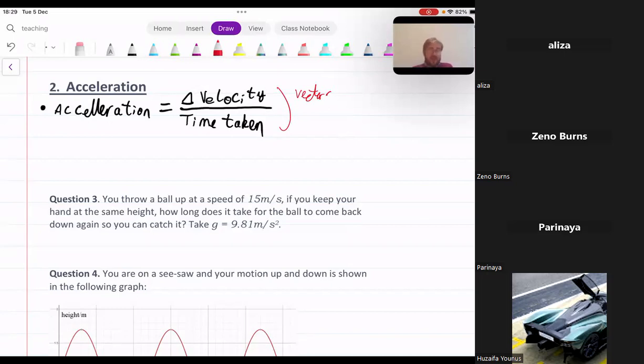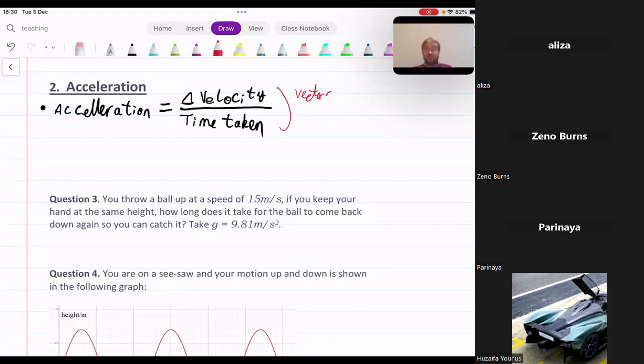So let's say I'm going 50 miles an hour north in the car, and I slow down to 20 miles an hour in the north direction. Because I've slowed down, the change in velocity is negative, so acceleration will be negative. Sometimes that's called deceleration, but we can just call it negative acceleration.